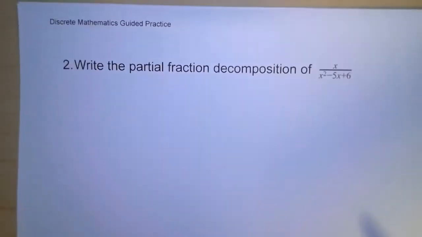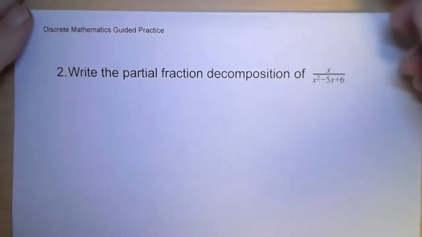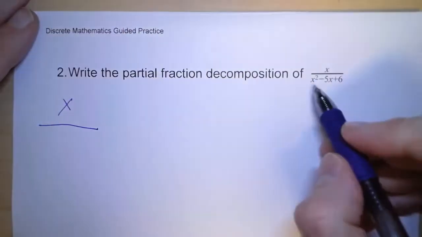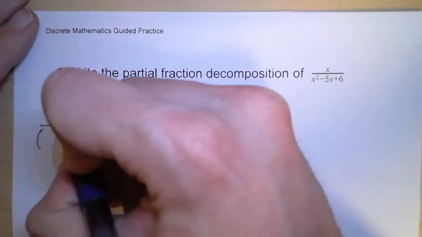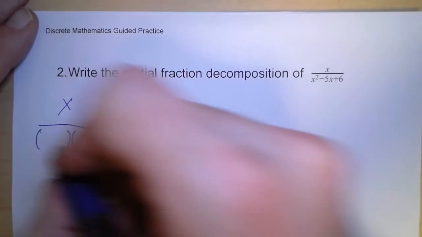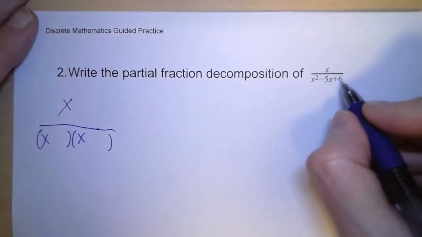Now for this one, our original denominator is not given to us in factored form, so we have to factor it first. So we have x on top, and it's a quadratic, so we're going to factor it into two things. We need two numbers that multiply to positive 6 and add to negative 5.